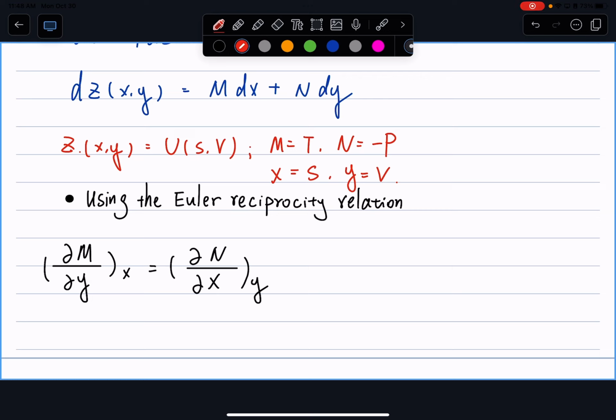Effectively what we have here is the partial derivative of M, which is T, over y, which is V, at constant x, equals the partial derivative of N, which is P, over x at constant y, constant V. Try that same operation to get what we call the Maxwell relationships between these partial derivatives.